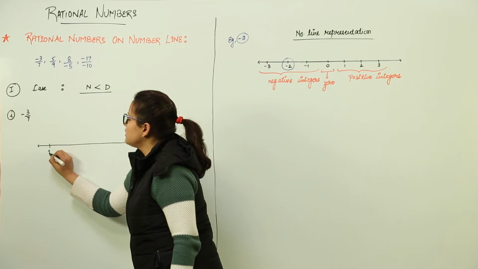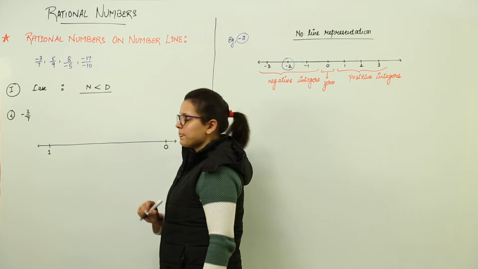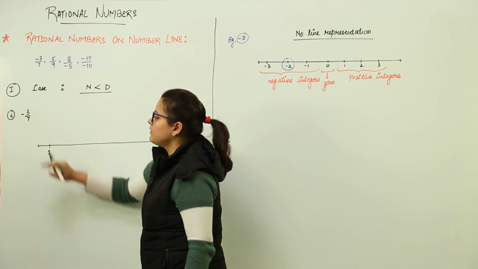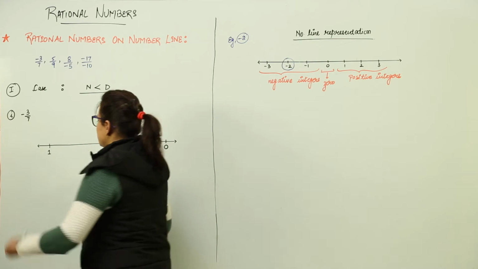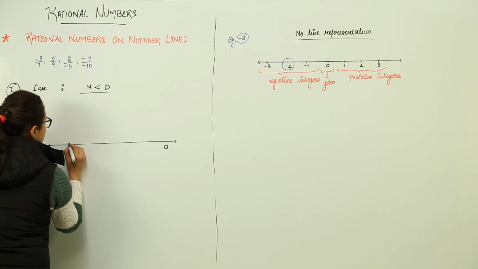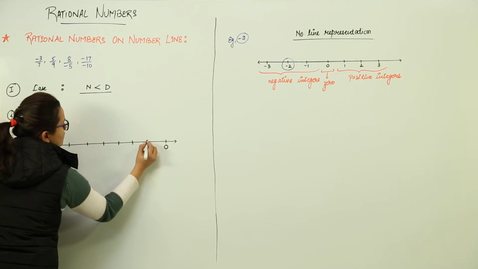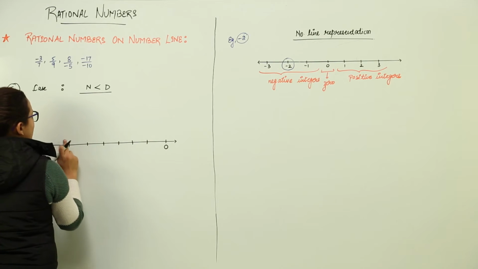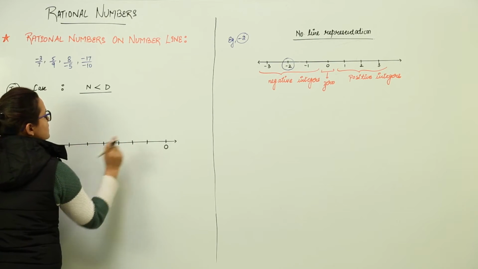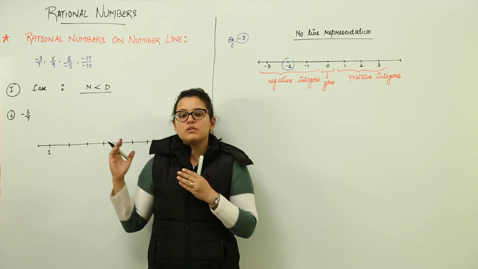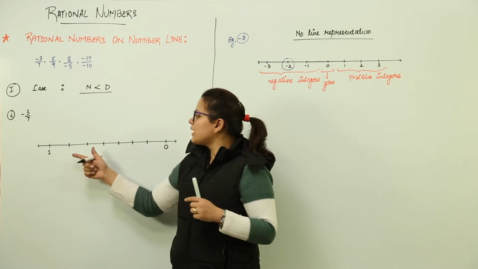Now you divide this into how many parts? 7 equal parts. 1, 2, 3, 4, 5, 6 and 7. I have divided my whole line into 7 equal parts between 0 and 1.